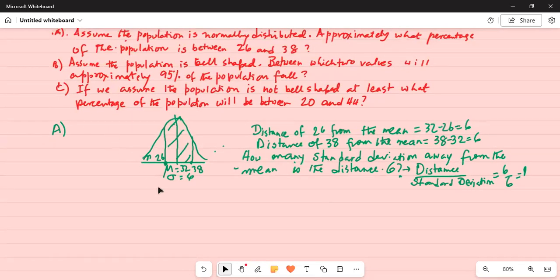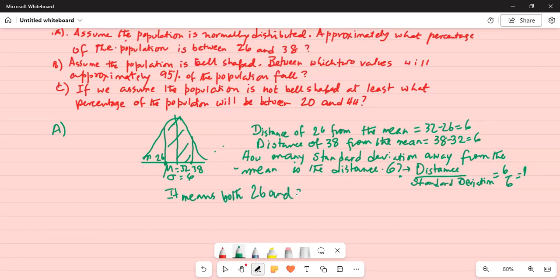It means both 26 and 38 are located one standard deviation away from the mean.